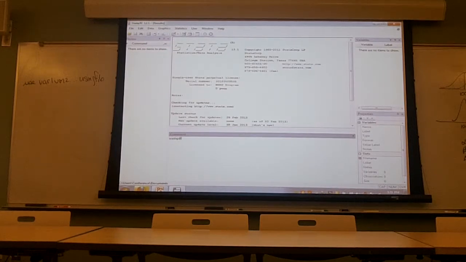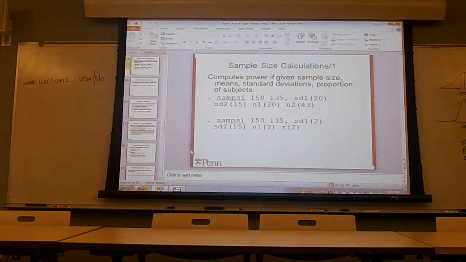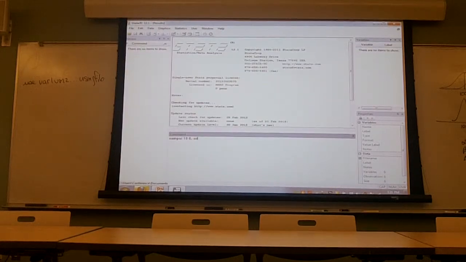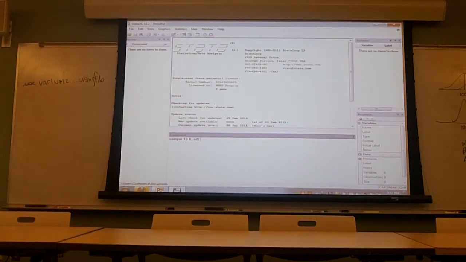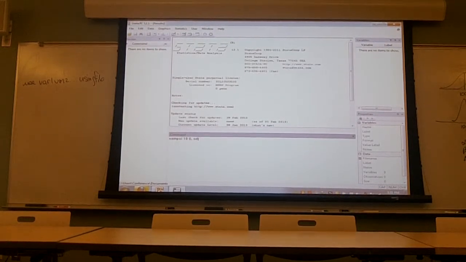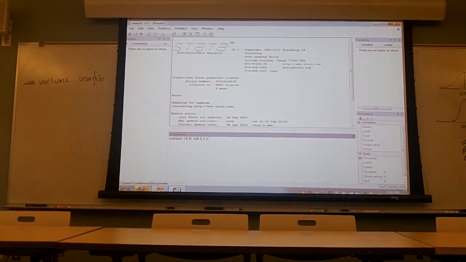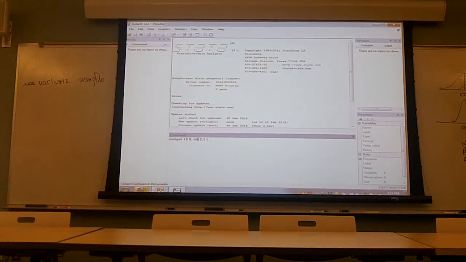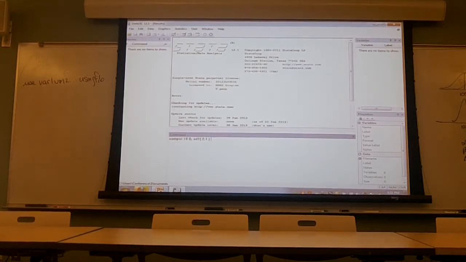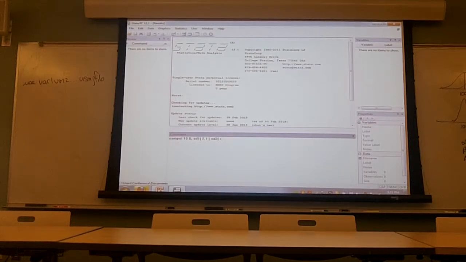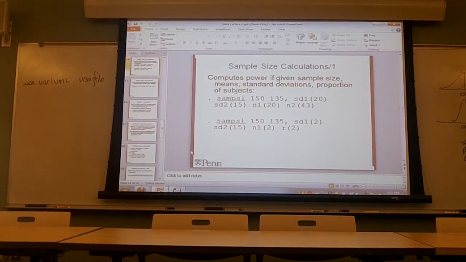So let's plug these things in here, okay? So here I'm going to do samp psi, and I'm just going to go 10, 0. All right, because that's the 10-point difference that you want. I'm going to say the standard deviation is, what's the square root of 5? Let's call it 2.1. What else do I need?